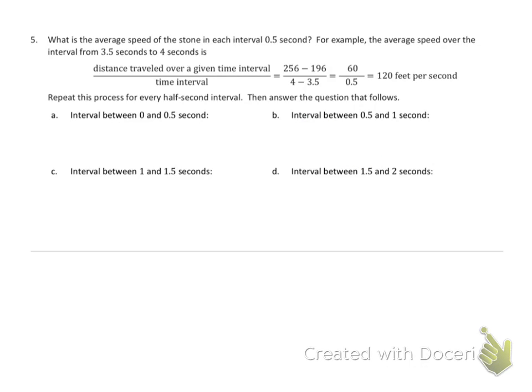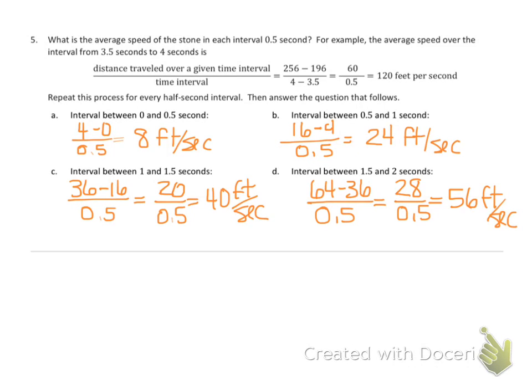All right, so let's look at the results. You've already done this, of course. Okay, so here's the completed calculations that you should have obtained. In the first half second, the stone drops 4 feet. Divide that by the half-second time interval.